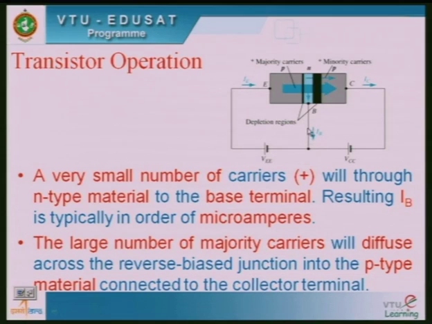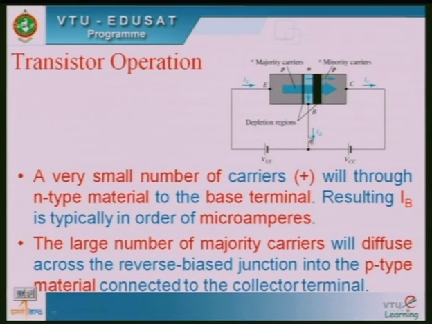So you can say that about 5% of the holes which move from the P layer to the N layer will recombine with the electrons in the N region, that is the base region, and that will contribute to the base current, which is very small, in the order of microamperes.